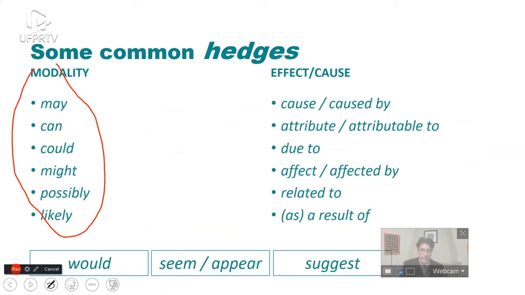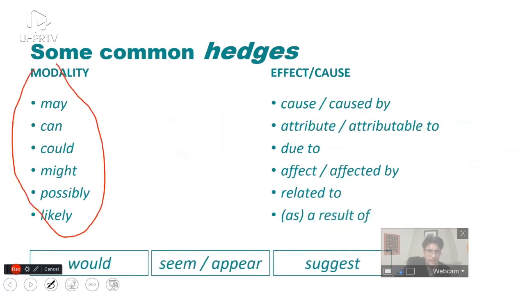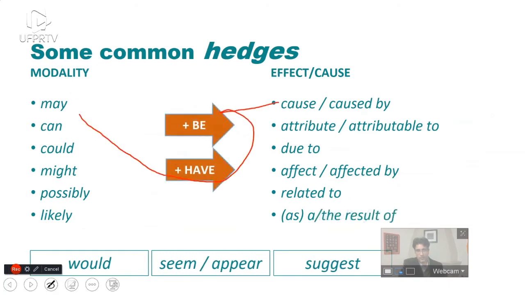And so you can link these things, like "blah blah blah may have been caused by blah blah blah," or "can be attributed to," or "might be due to," "is possibly related to," "likely is a result of," and all of those can be connected.